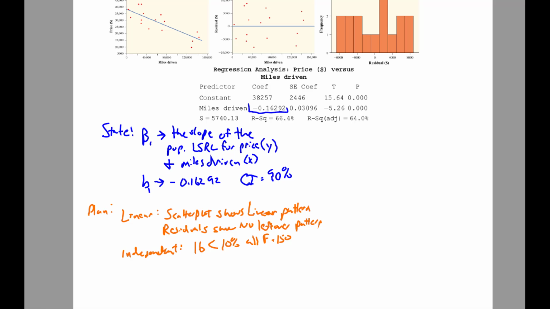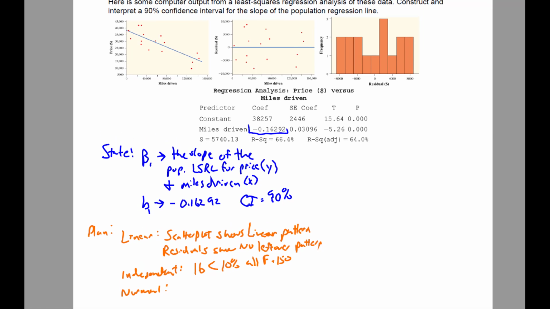So now we're going to look at our N for normal, in which case we saw no strong skew or outliers in the residuals, right? There's no strong skew in this setup. There's no outliers. According to looking at our data plot there's no real apparent outliers, as well as even in the histogram they made here.